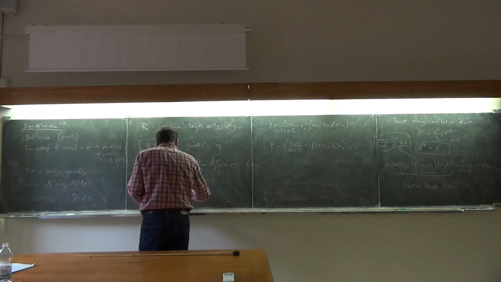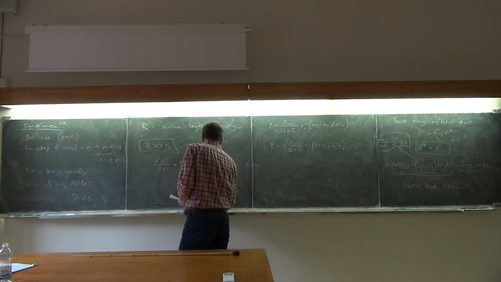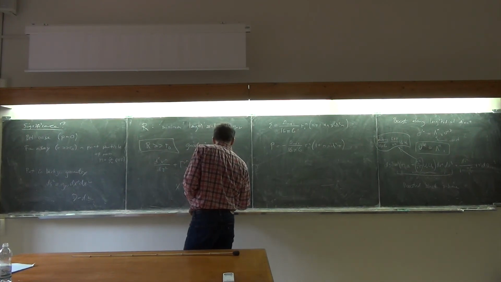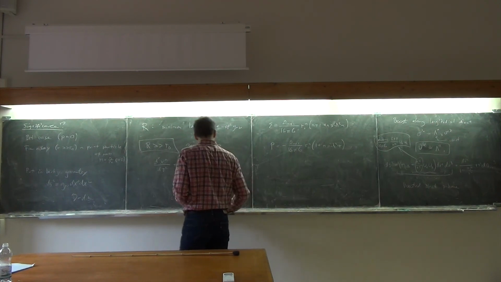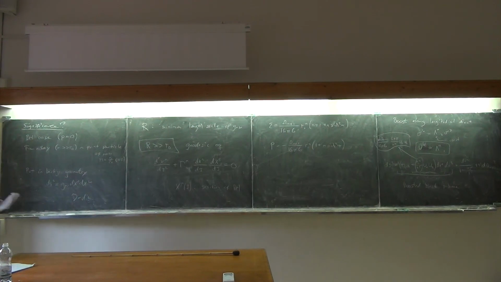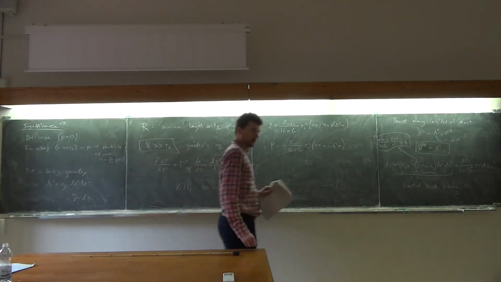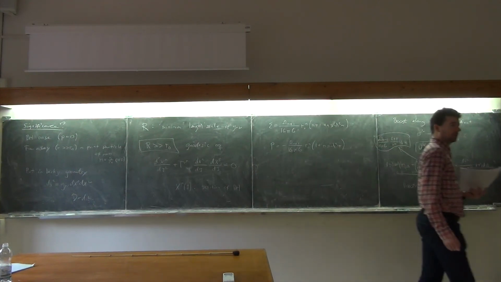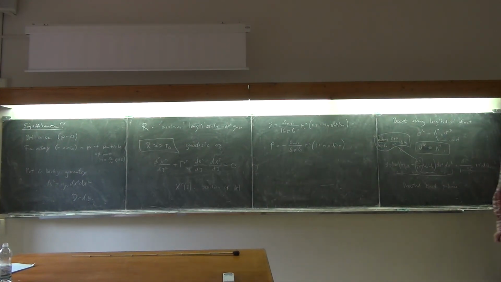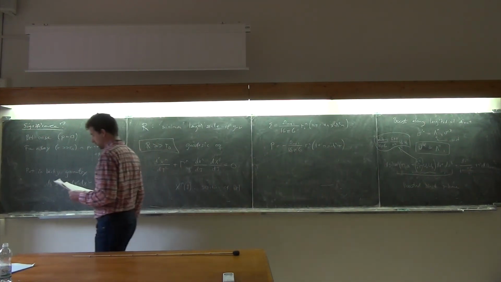Where this x^mu(tau) is the position of the black hole in the background geometry. So the black hole simply travels along the geodesic in the space-time, because we can treat it as a point particle.